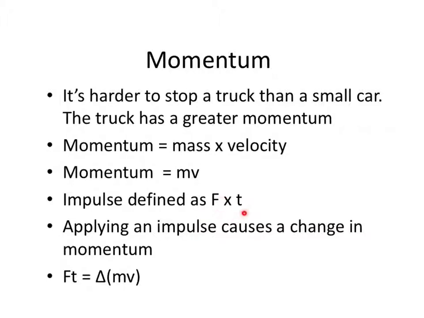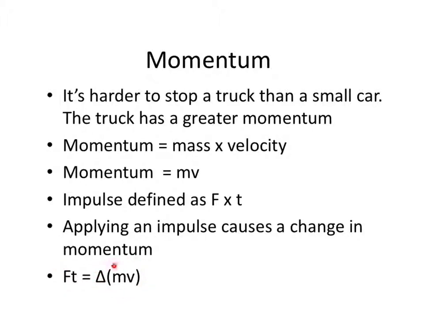And the longer you apply that force, the greater the velocity that the object is ultimately going to attain, assuming that the force is in the same direction as the motion. And if the velocity is increasing, then that's going to mean that the object actually increases in momentum. So they're actually numerically equal to each other. The product of force times time is actually equal to the change in momentum.